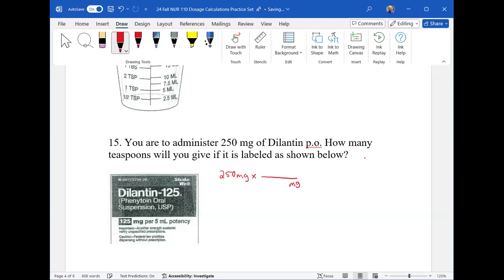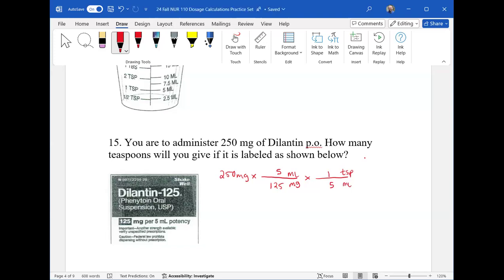I want, at least in the beginning, milliliters. So 125 milligrams, 5 milliliters. And then if you like to do the traditional dimensional analysis, then you would just keep this going. And you'd say, well, I don't want milliliters, I want teaspoons. So 1 teaspoon is 5 ml. And then you can go through and solve the equation that way.